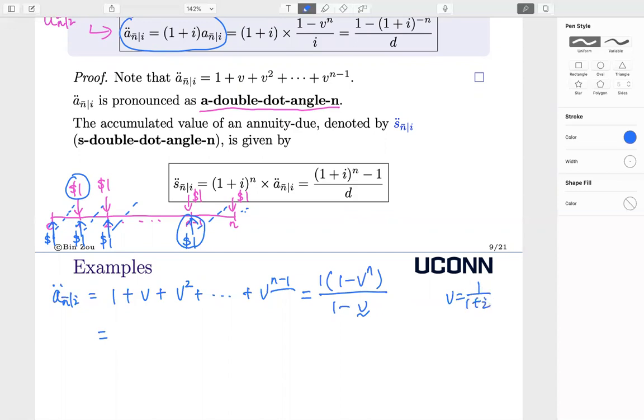Right? So I can have 1 minus v^n divided by i divided by 1 plus i. Okay. By the way, this is d, right? This is how we define d.